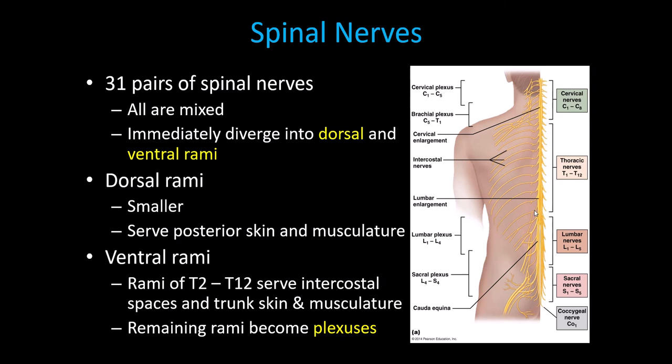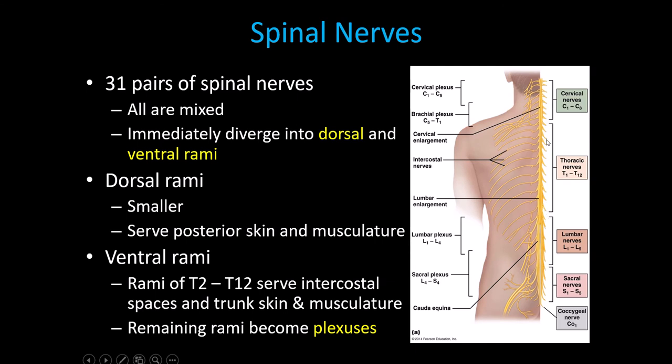The dorsal rami, that's what you see here, tend to be smaller, and they're innervating the posterior skin and muscles, but the ventral rami, particularly the ones not in the thoracic area here, become these really complicated nerve networks called plexuses.